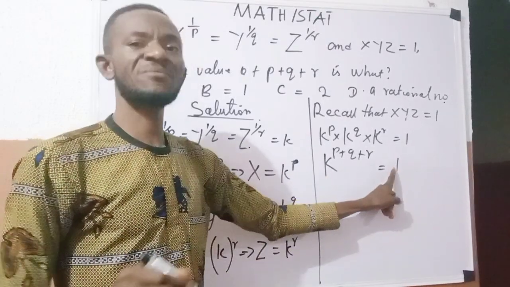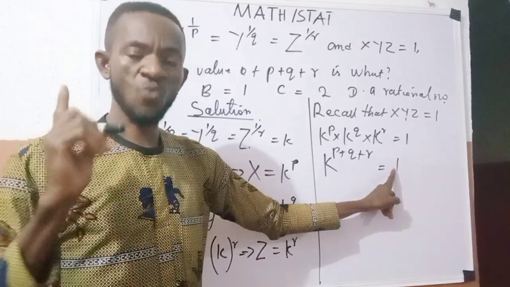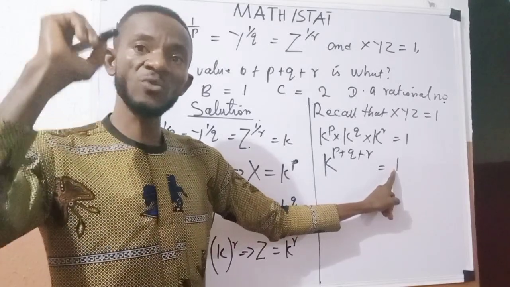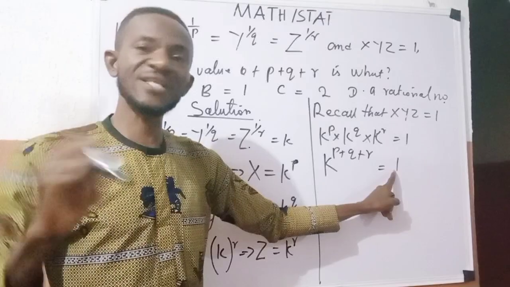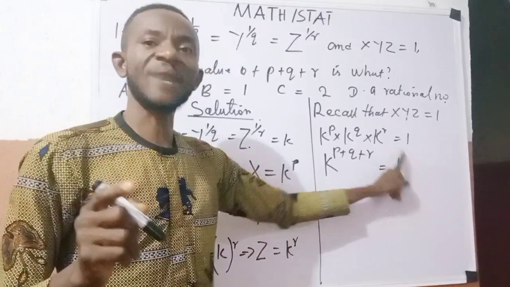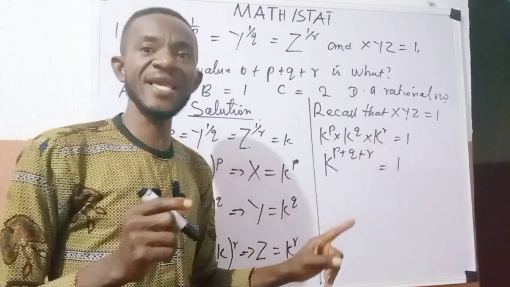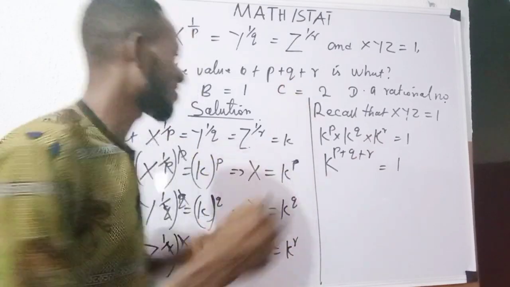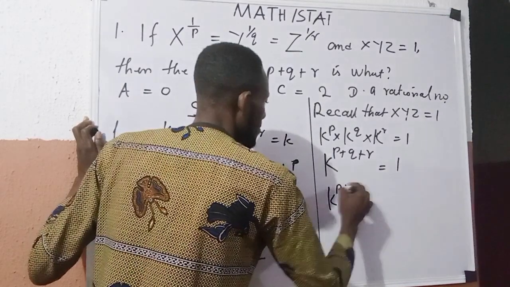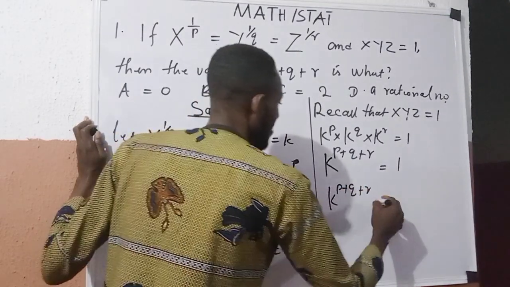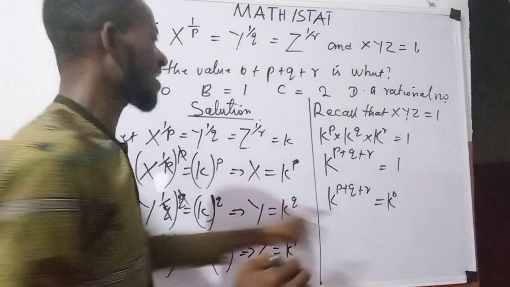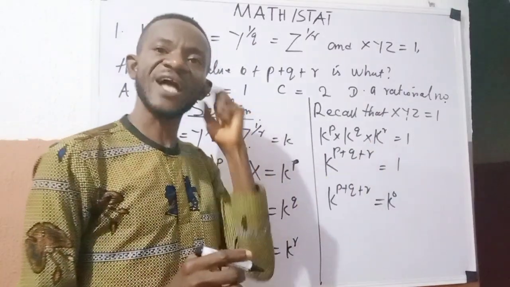You know in mathematics that anything raised to power 0 is 1. 1 raised to power 0 is 1, 2 raised to power 0 is 1. In fact, anything at all raised to power 0 is 1. And what I have here is 1. So I'm free to replace this 1 with k raised to power 0. So in that case, what I'm going to have here becomes k raised to power p plus q plus r is given as k raised to power 0. In as much as this k raised to power 0 is the same thing as this.